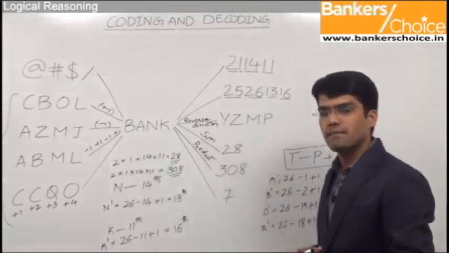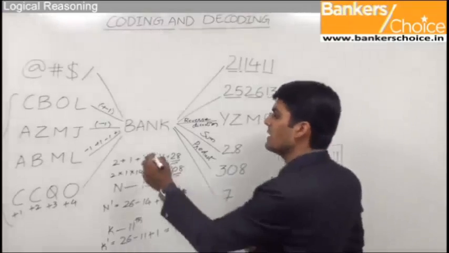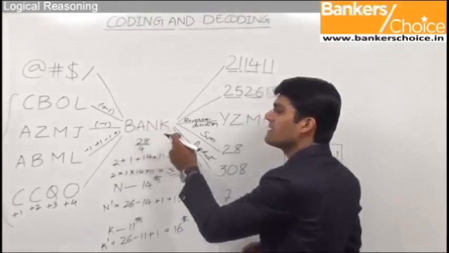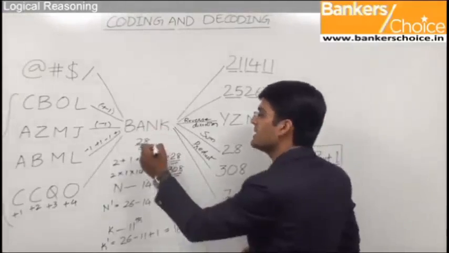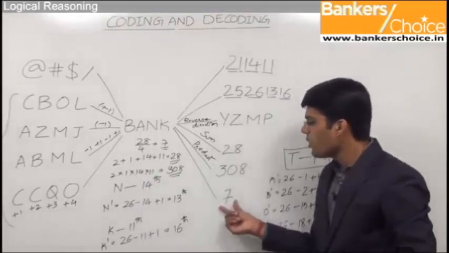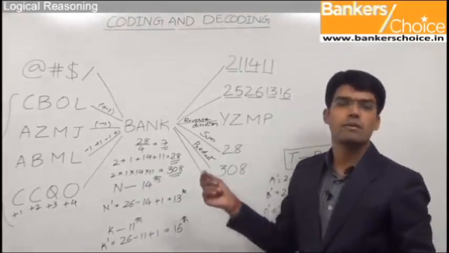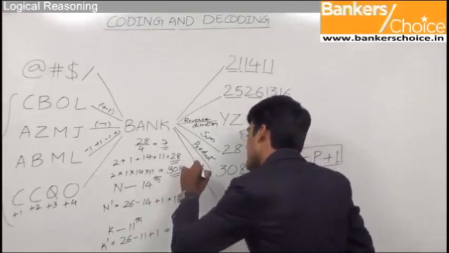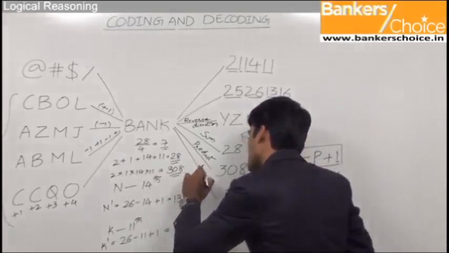Now when we take the average of these positions, it will be equal to 28 by 4, as there are 4 letters in the given word, and that is equal to 7. So that's how we have obtained the coded form 7 for the word bank. So we can say that the logic here is average of the positions.